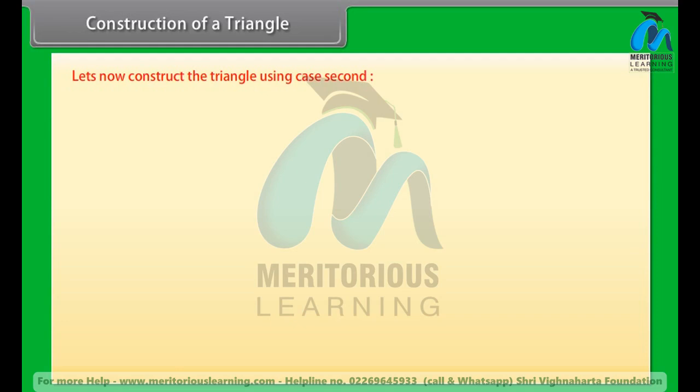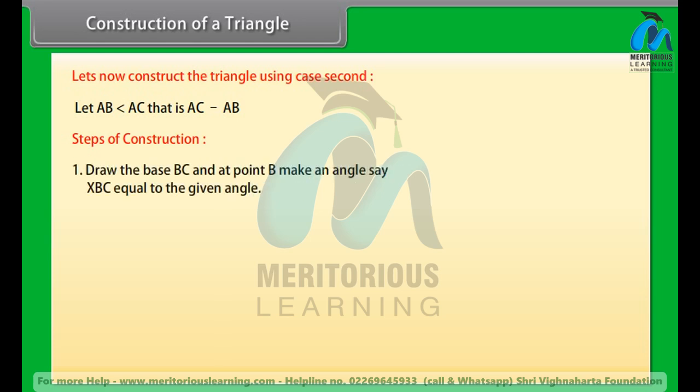Let's now construct the triangle using case second. Let AB be lesser than AC, that is, AC minus AB is given. Steps of construction. First of all, draw the base BC and at point B, make an angle, say XBC, equal to the given angle.